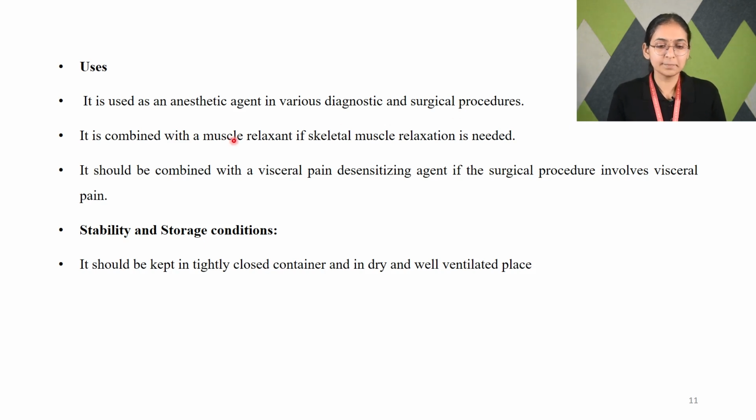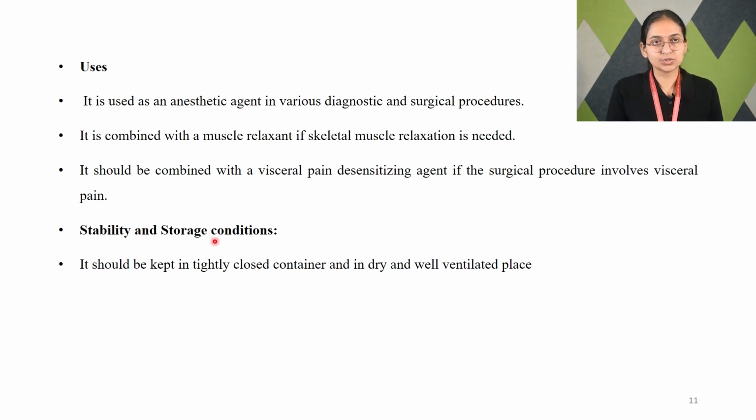It is also combined with the muscle relaxants if we need the skeletal muscle relaxation activity. Next, it is also given in combination with the visceral pain desensitizing agent, that is, whenever a surgical procedure is involving the visceral pain, at that time we can combine it with the ketamine.